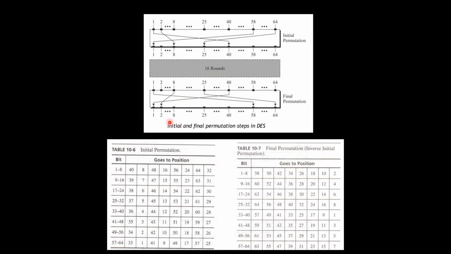Again, look at bit number 2: as per this table, bit number 2 went to the 8th output position during initial permutation, and the bit at position 8 of the input came back to position 2 during the final permutation, which is the inverse of the first. So all the bits just come back to their original positions. The final permutation is just the opposite of the initial permutation.